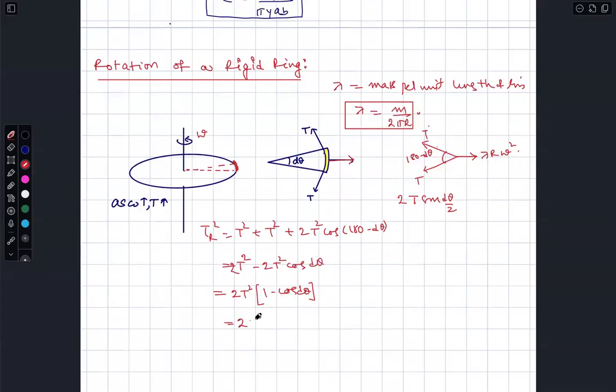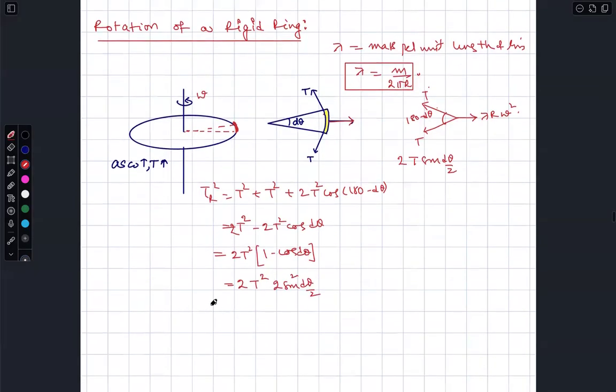That can be written as 2 sin d theta by 2. So T resultant is 2T sin d theta by 2. Remember, every time you need to remember, even next week also I will use it at surface tension. So 2T sin d theta by 2 is lambda r omega square.